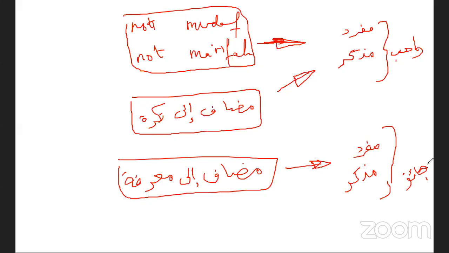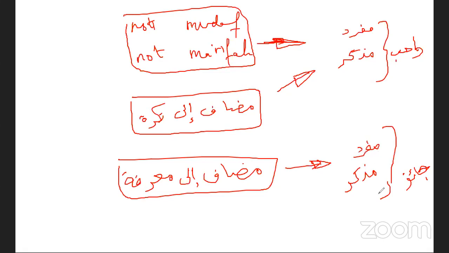That means that if you decide not to use mufrad and mudhakkar, then you are allowed to follow the same pattern as the mudaf ilayhi. If the mudaf ilayhi was jam', then you can make it jam'. If the mudaf ilayhi was mu'annath, you can make it mu'annath.